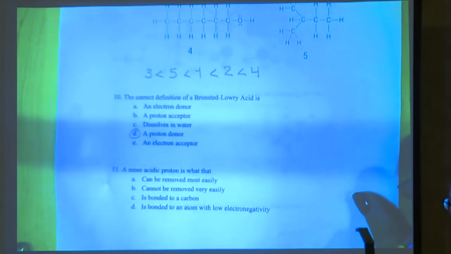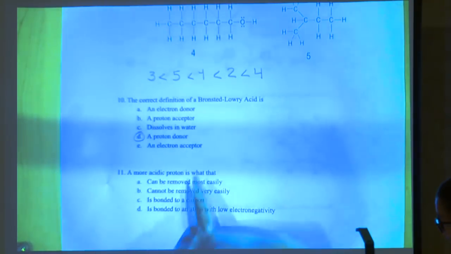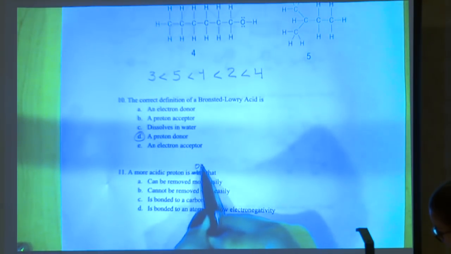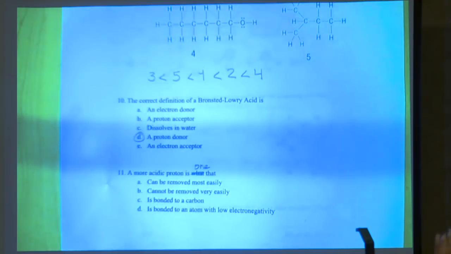Okay. A more acidic proton is one that can be removed, cannot be removed, is bonded to a carbon, or is bonded to an atom with low electronegativity. A, can be removed most easily. Do you all agree with that?